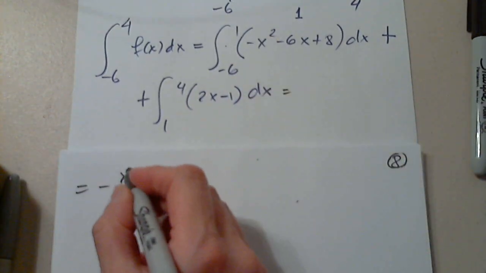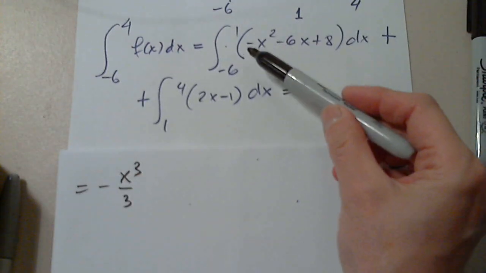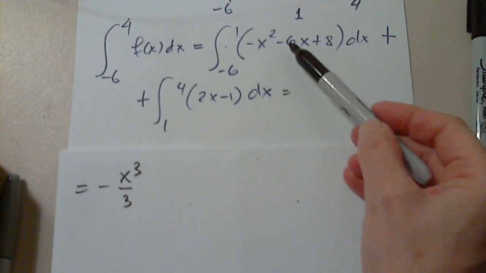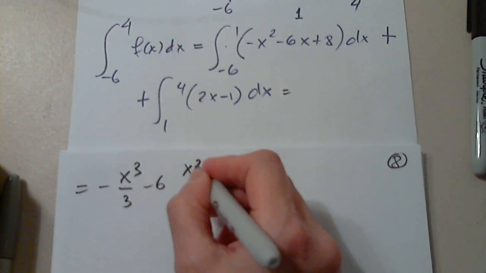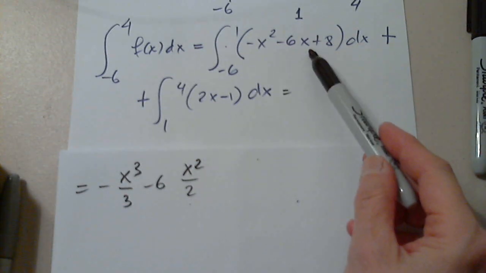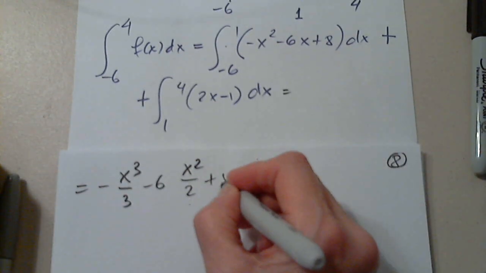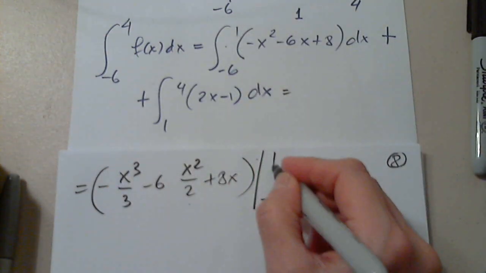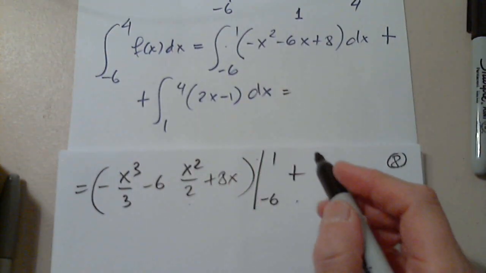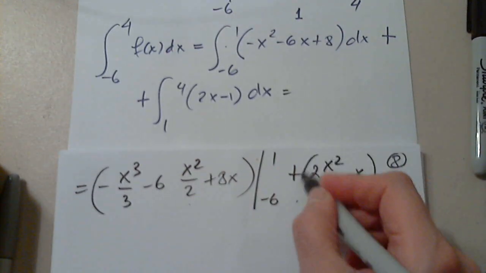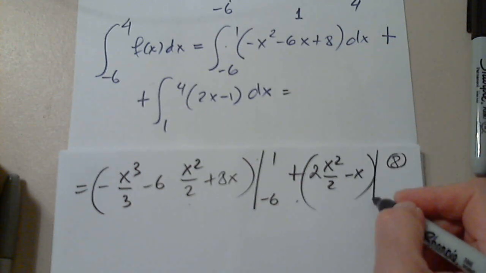So we already know that negative x to the third over 3 prime is negative x squared. I know you already told me several times today that the x squared over 2 prime is x, plus 8x from negative 6 to 1, plus 2x squared over 2 minus x from 1 to 4.